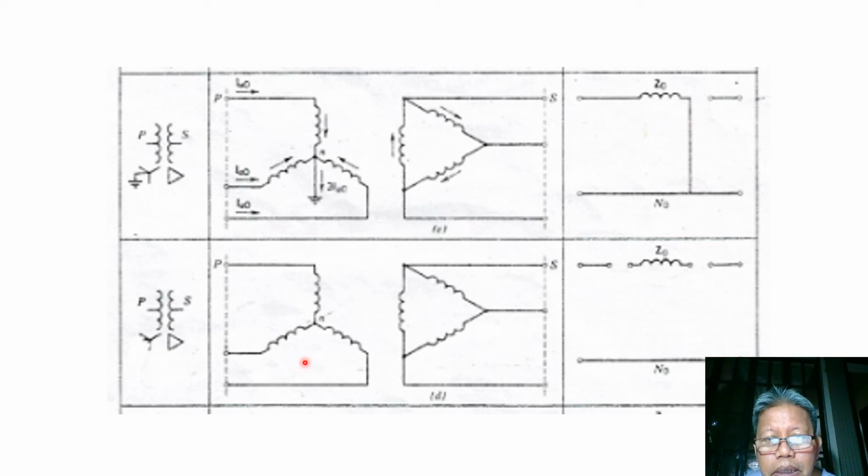Now another type of connection is that we have ungrounded Y primary and delta connected secondary. Since our primary is ungrounded, there will be no zero sequence current that can flow between the terminals to the ground.